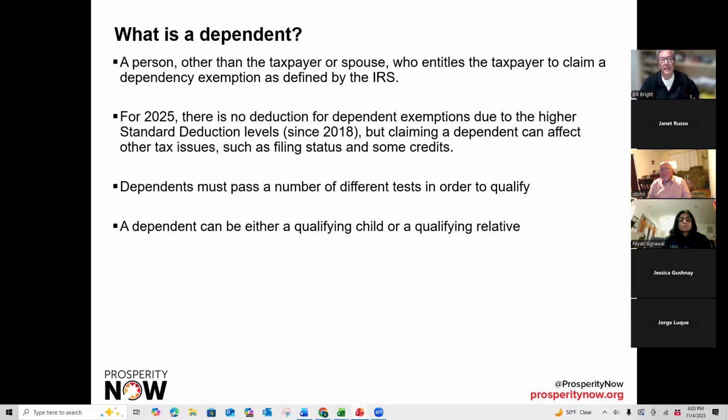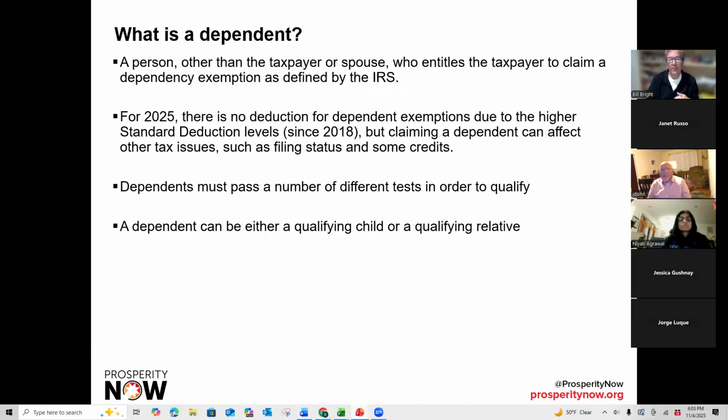All right, what is a dependent? It's a person other than the taxpayer or spouse that entitles the taxpayer to claim a dependency exemption as defined by the IRS. Now, for 2025 and since 2018, there has been no actual deduction for dependents.